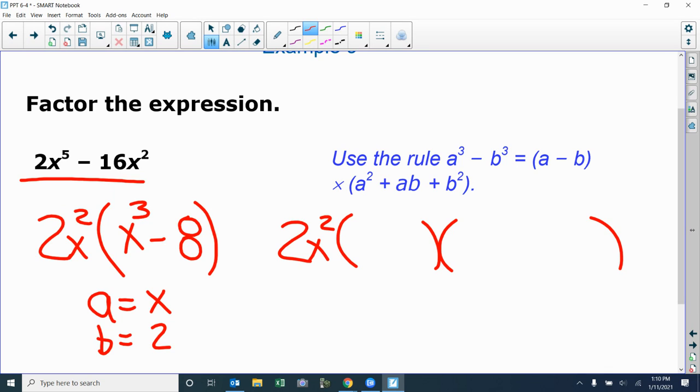Watch your signs. A minus B, so this is gonna be x minus 2, times x squared plus 2x plus 4. Make sure you square your stuff. Don't put 2 squared there, because I might take points off.